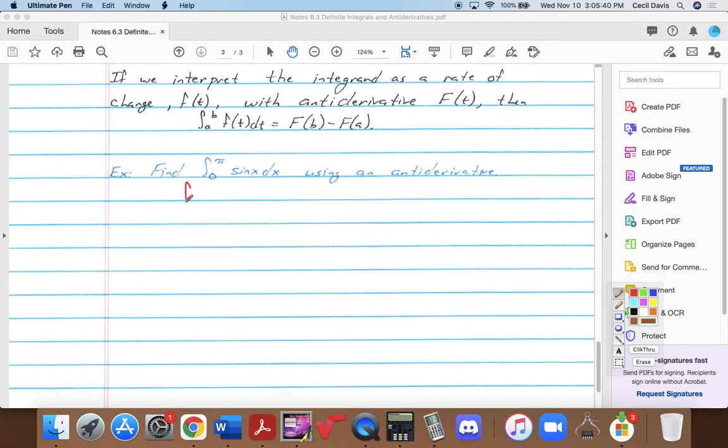Because if f of t, now we'll call it x because it's x here. If f of x is sine of x, then what is an antiderivative?